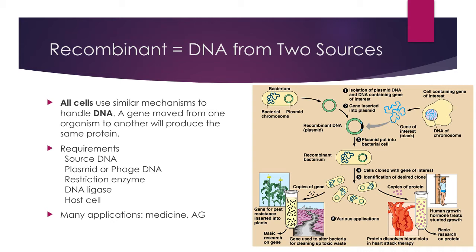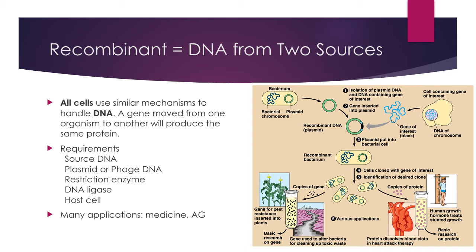It's easy to do. It requires that you know where you want DNA. You know that there's a gene of interest in a particular organism, so that's going to be your source DNA. Where you're going to put that is DNA from a phage or a plasmid, which you can move into other cells. You get those two types of DNA and you cut them with a restriction enzyme.